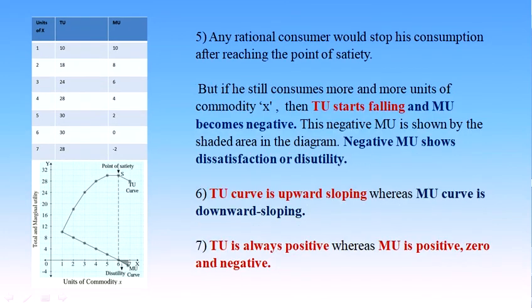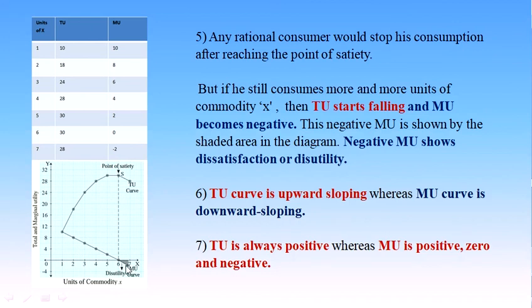Then after this point, any rational consumer would stop consumption after reaching this point of satiety. When the consumer is fully satisfied, the consumer will stop consuming the commodity. But if he still consumes more units, then what happens? Then this total utility will start falling. So when this starts falling, what happens to marginal utility?